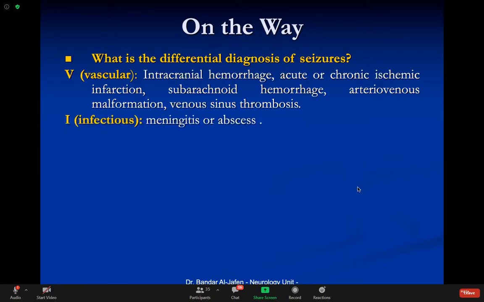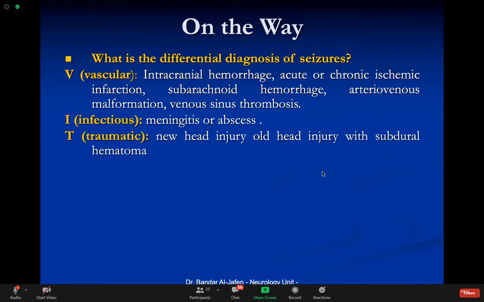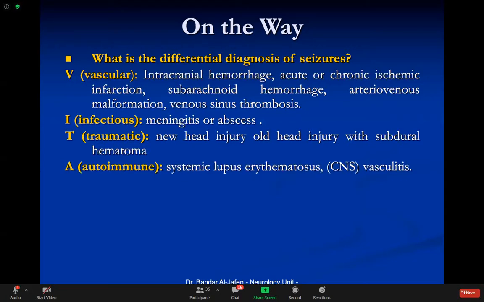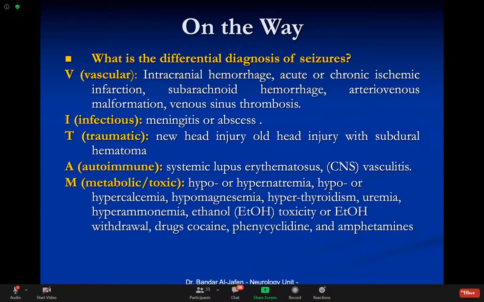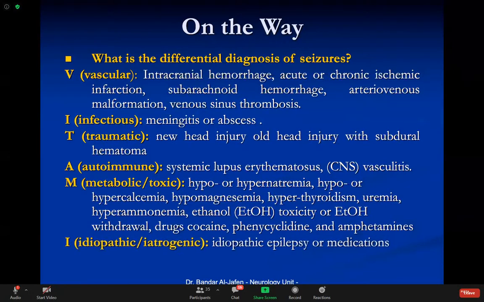An infectious process is causing the seizure. Is it trauma? Did this patient have a head injury that's causing the seizure? Does the patient have an autoimmune disease? These can cause seizures. And is there a metabolic problem like hypoglycemia or changes in sodium, hypernatremia, hyponatremia, calcium changes?